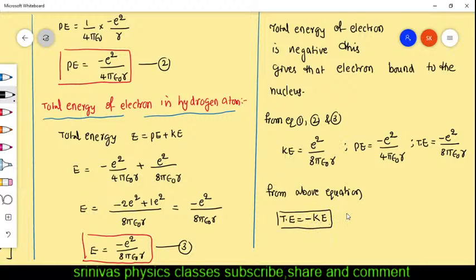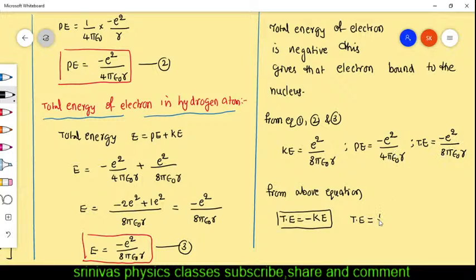Next, I want the relation between the total energy and potential energy. This is the relation between the total energy and kinetic energy. I want the relation between the total energy and potential energy. Further, what we have to do here, you see here potential energy, then in order to convert that into total energy, if this potential energy is multiplied with 1 by 2, you will get this total energy.